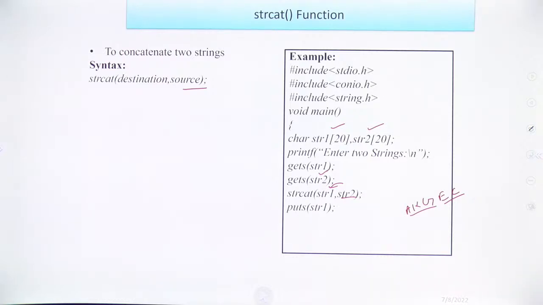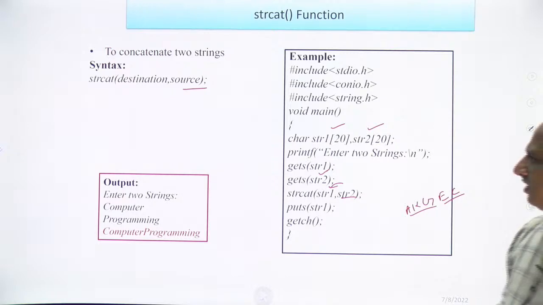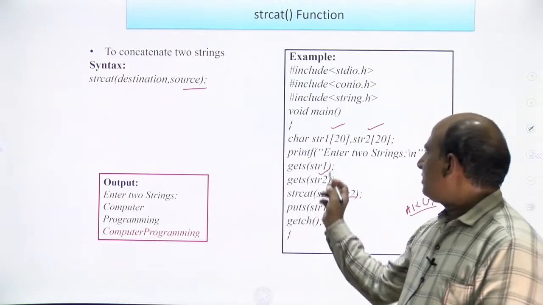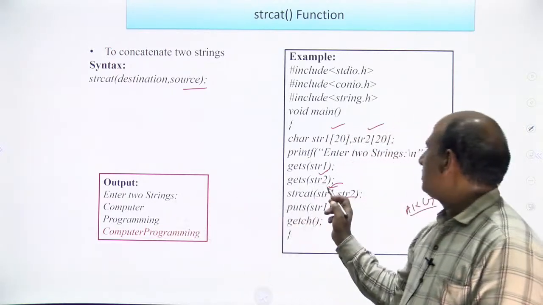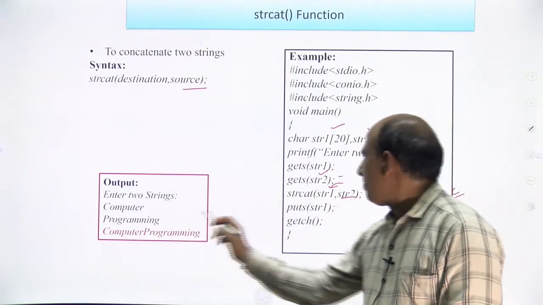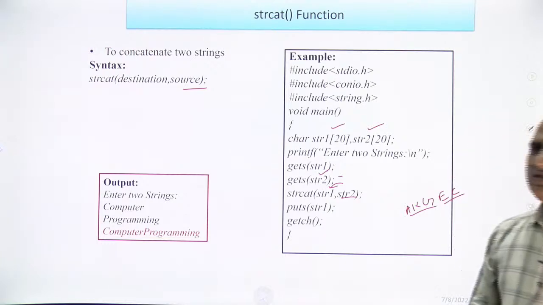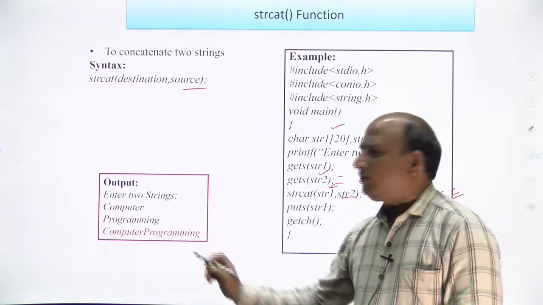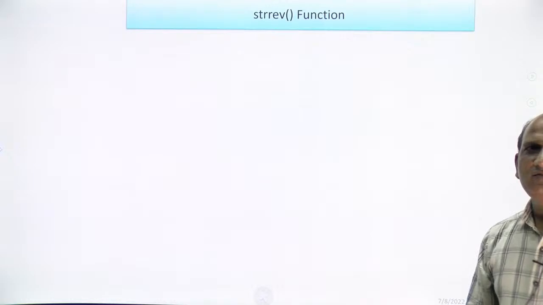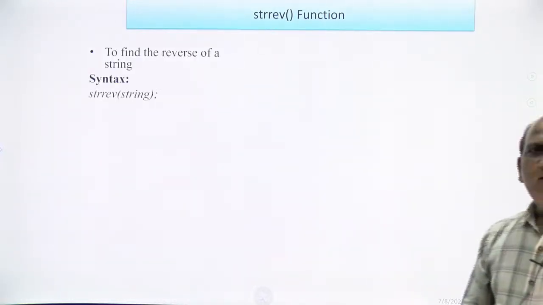When we print str1, the complete concatenated string akgec will be printed. If I take the first string str1 as computer and the second string str2 as programming, and concatenate them, we will get computer programming. This way you can concatenate.